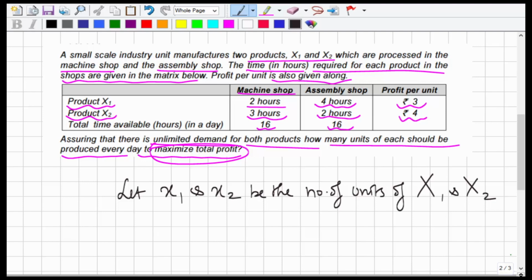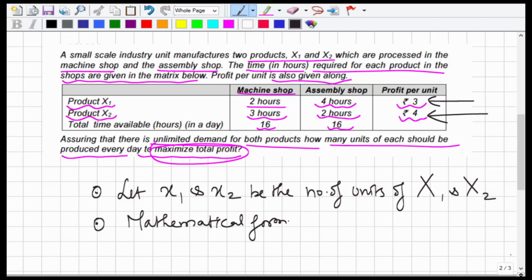So for solving this problem using linear programming, we have to represent this information in a mathematical form. Now, what is the total profit we are going to get by selling 1 unit of product X1? It is 3. And for 1 unit of product X2, it is 4.